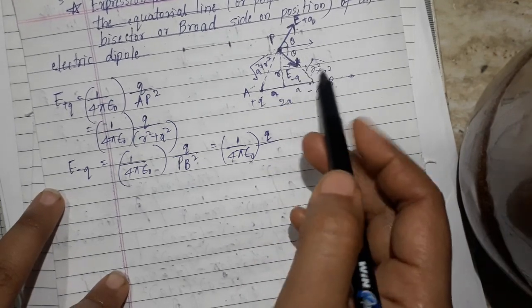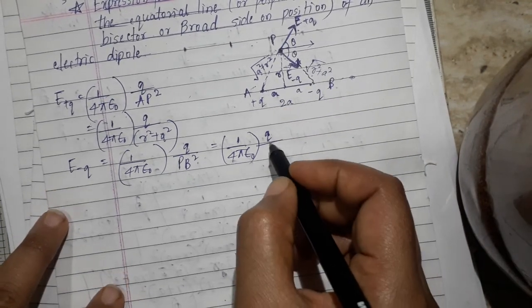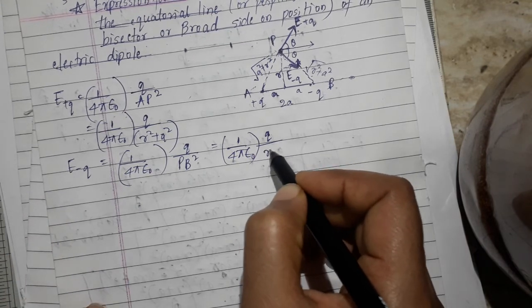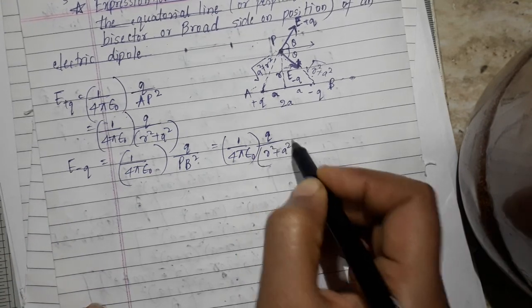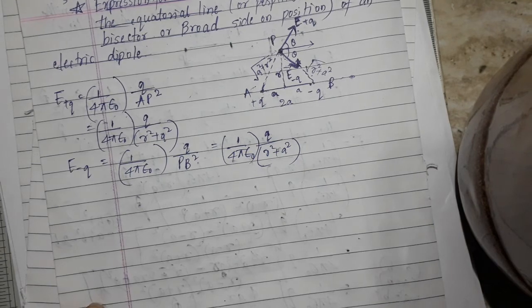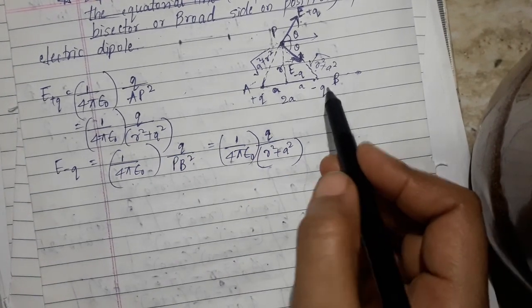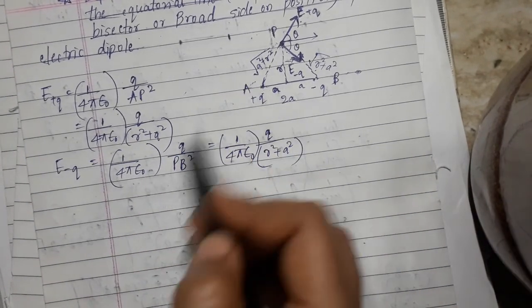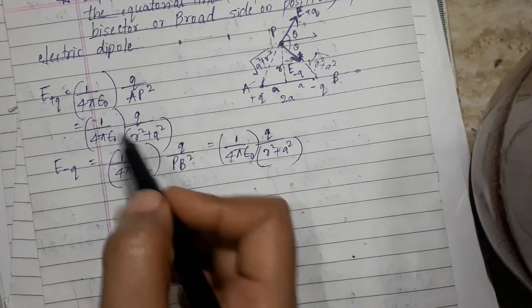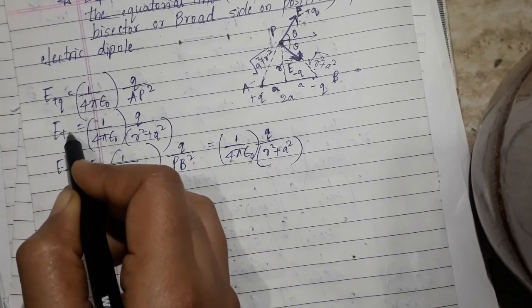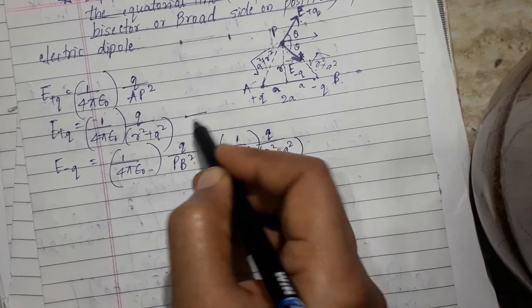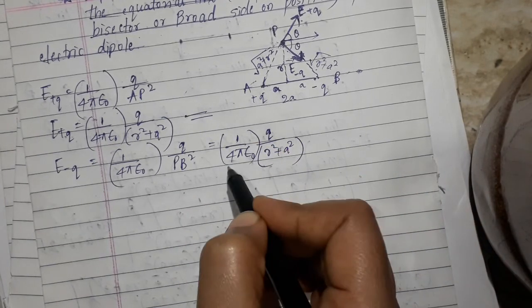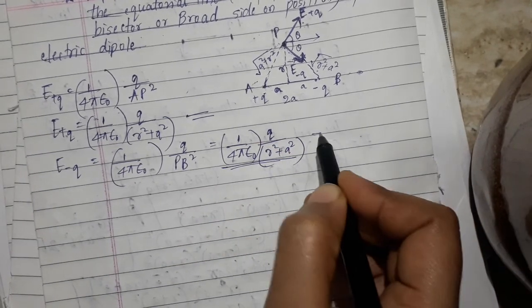PB square means the root will cancel, so we may write this as r square plus a square. This is the electric field due to charge minus q. So these are the same in magnitude: E plus due to the plus q charge is the same as the electric field due to the minus q charge.